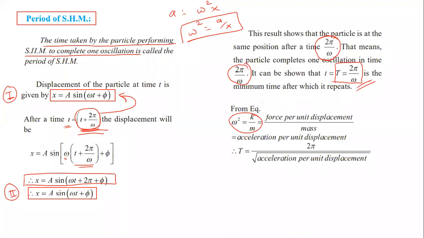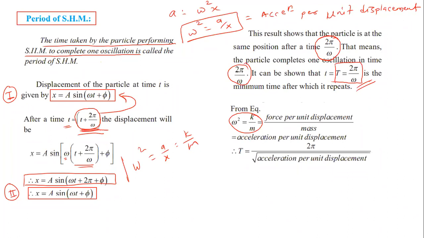If we compare these two equations, here omega square is acceleration divided by displacement, so we can write acceleration per unit displacement. And acceleration per unit displacement is k by m, because omega square is equal to a by x is equal to k by m.